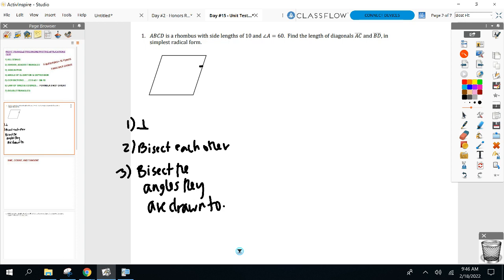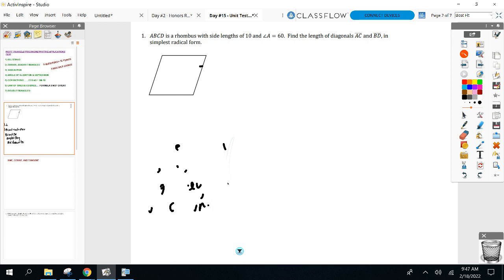You're trying to find the hypotenuse. BD equals 10.